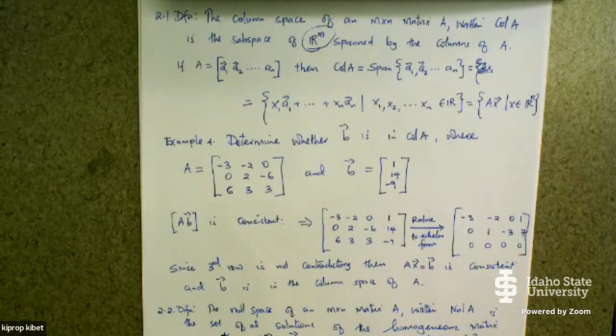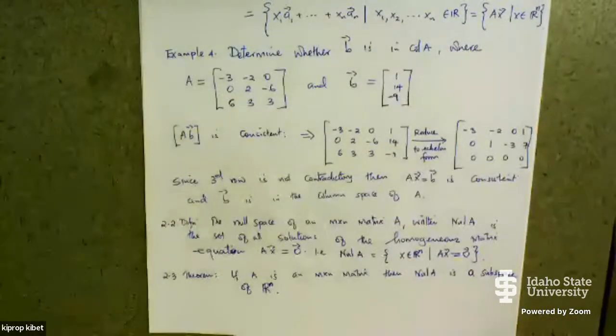Okay, theorem 2.3. If A is an m by n matrix, then the null space of A is a subspace of R^n.